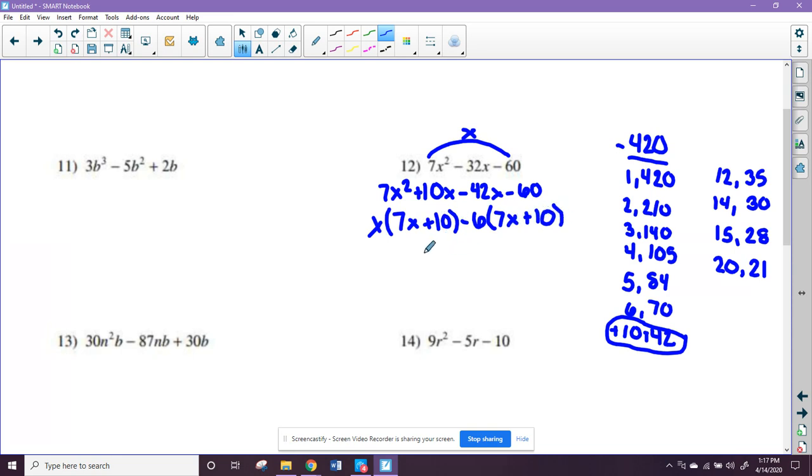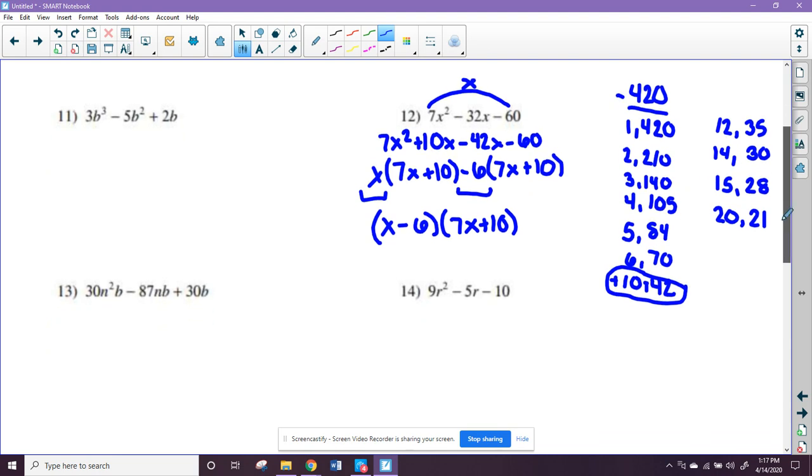And if they do, then we factored right. So we write the numbers on the outside: x minus 6. And then we rewrite one of our parentheses, 7x plus 10. And that is our factored form for number 12.